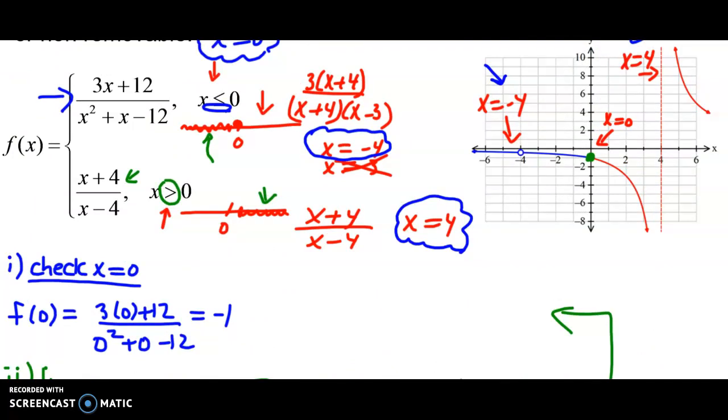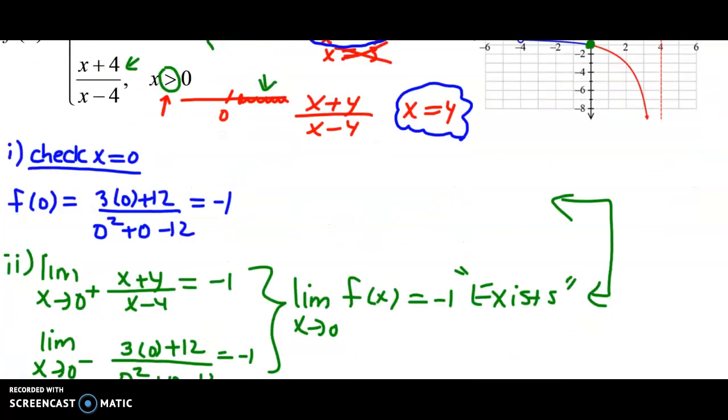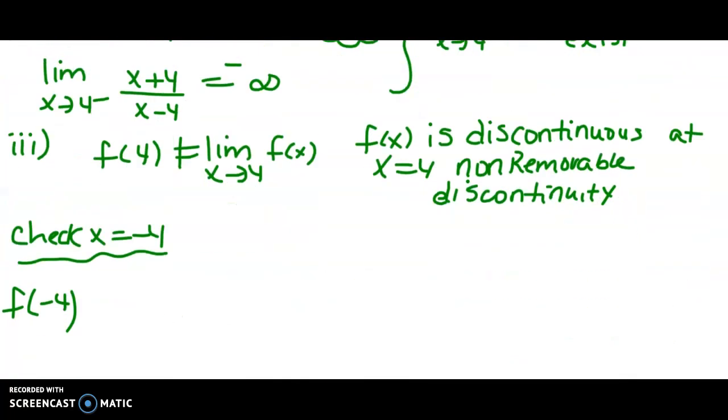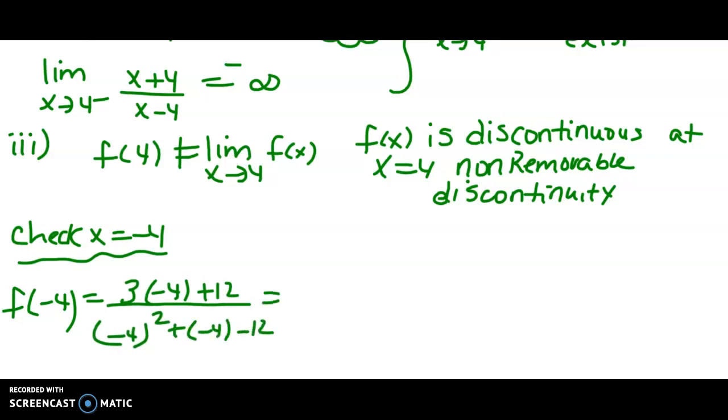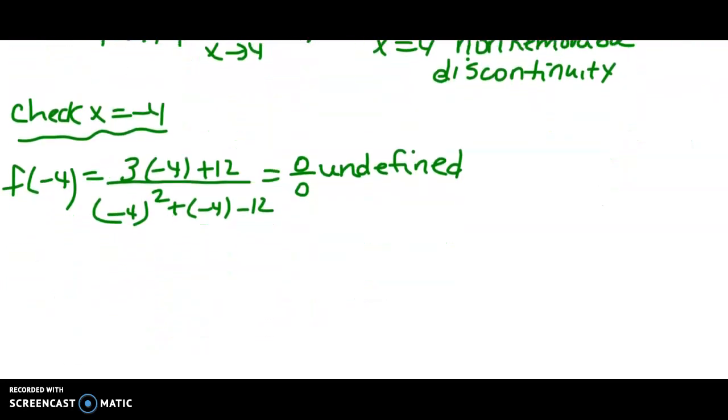And I'm going to substitute it into the original to prove something to you. So f of -4 would equal 3 bracket -4 plus 12. I'm going to plug -4 in here, -4, subtract 12, and you're going to get 0 over 0. Now 0 over 0 is undefined. We need to first prove that the function is undefined.